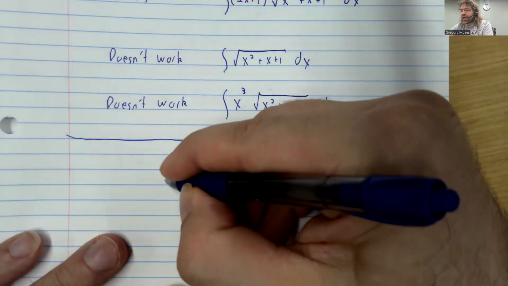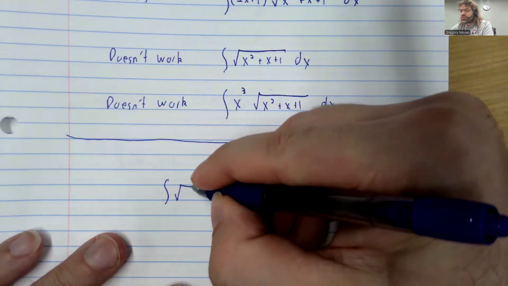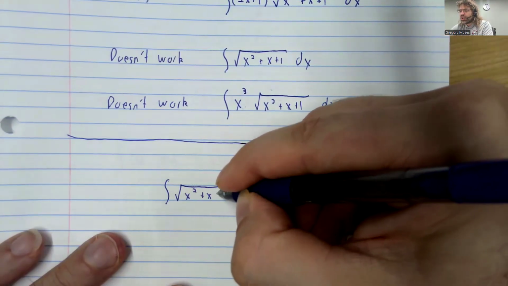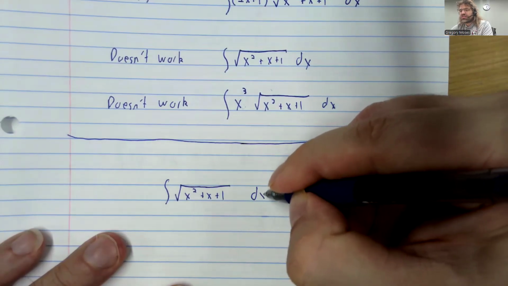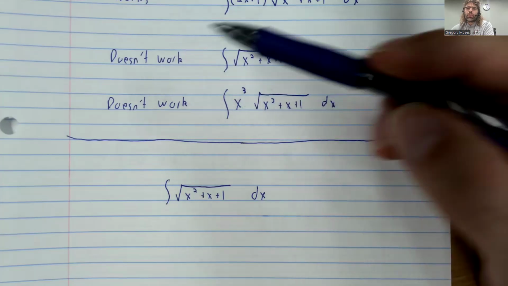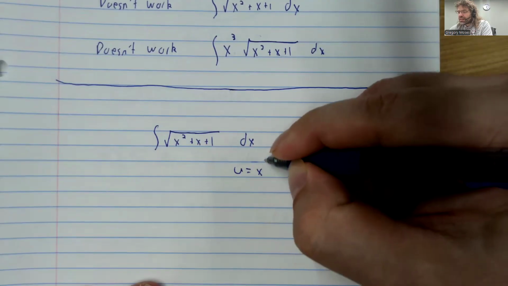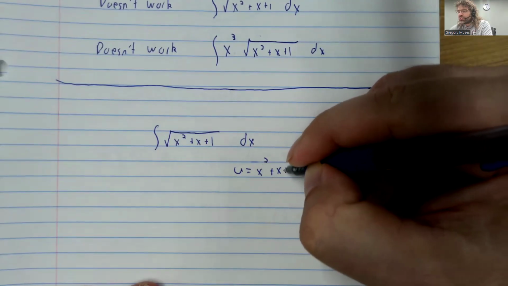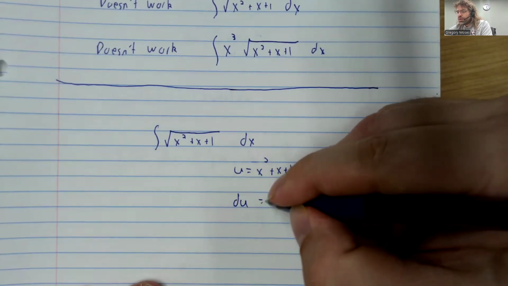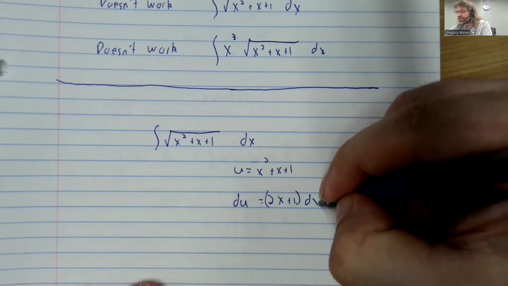Like, say we tried this same trick with the square root of x squared plus x plus 1 by itself. I've already indicated it's not going to work. You let u be x squared plus x plus 1. You let du be 2x plus 1 dx.